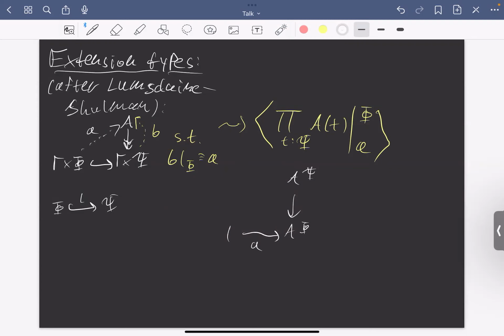Then we can look at this single given section A. I'm just going to pretend to be working over the empty context to make things a little bit easier. And then the extension type is just what you get in the pullback here. If in the model structure that's a fibration, then also the pullback is going to be a fibration. So the extension type will be a fibrant object. So it will be a type.